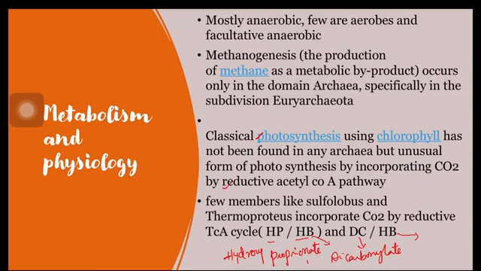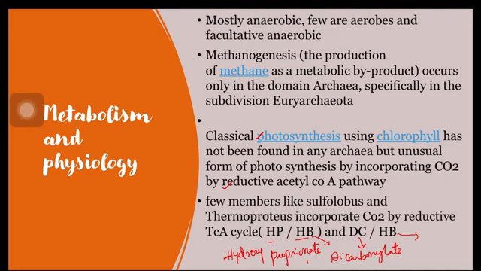One is the reductive acetyl coenzyme A pathway. The second is the HB pathway that includes the 3-hydroxypropionate 4-hydroxybutyrate pathway, and the dicarboxylate 4-hydroxybutyrate pathway.